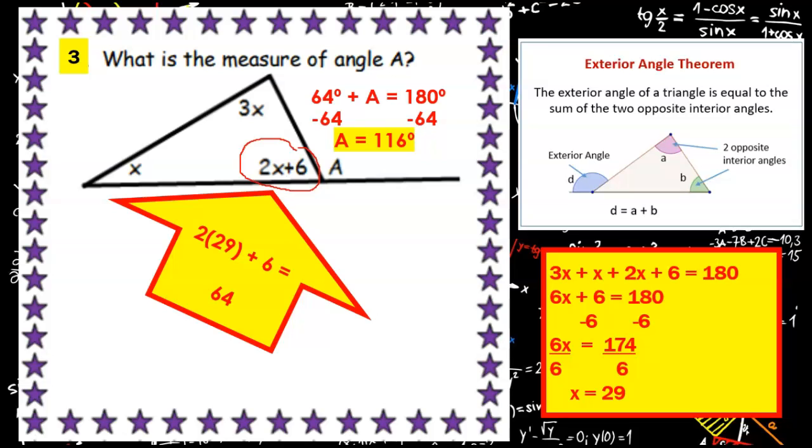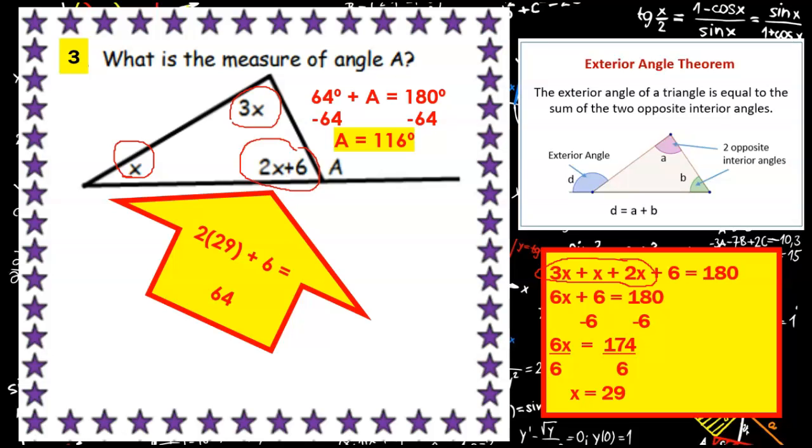I know that 3x plus x plus 2x plus 6 has to equal 180 degrees. Those are the angles here inside the triangle. So I can combine all of my x's. So 3x plus x plus 2x is equal to 6x. So I simplified that equation first to become 6x plus 6 is equal to 180.